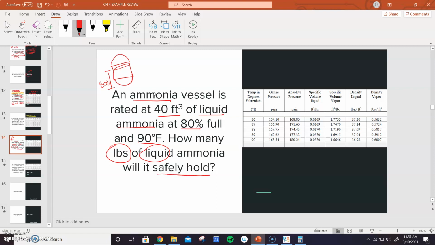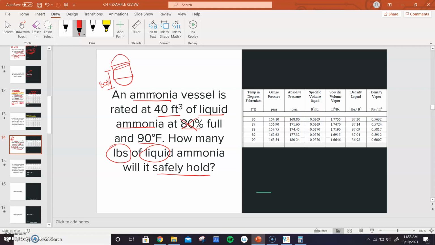Now, you may think you have to do something with this 80%, but we already know that at these conditions, when it is 80% full at 90 degrees Fahrenheit, it is rated to hold 40 cubic feet of liquid ammonia. So these conditions are how much it will safely hold. We don't technically need this.